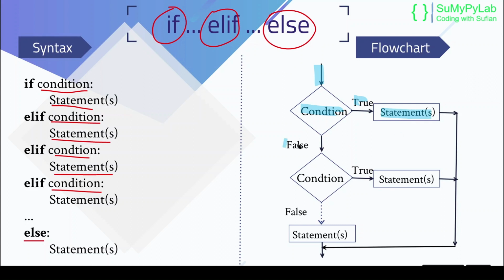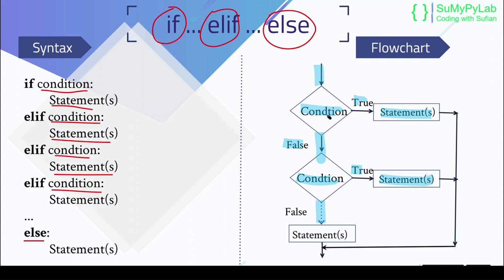If this condition is false, then the control goes to this block and this condition is checked. If it is true, then these statements are executed. If this condition is false, then the control goes to the next condition.